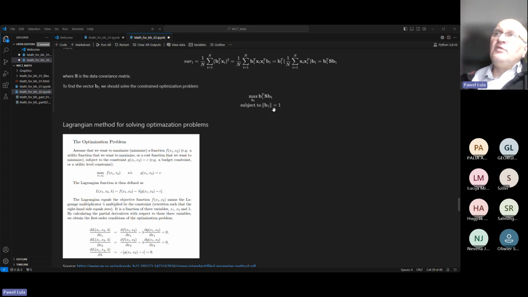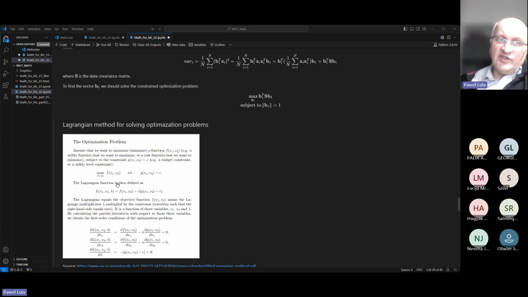But the general rule here is simple. When we want to solve problems which are similar to this problem, we should use a specific method which is called the Lagrangian method.